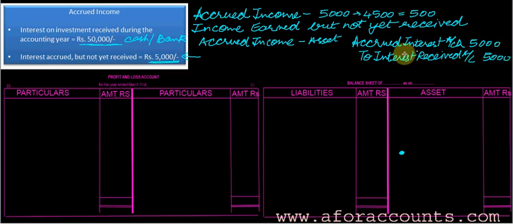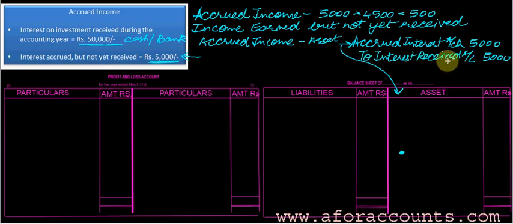Now why have I debited accrued interest? As I know that accrued interest or accrued income is my asset, and assets always have a debit balance. So accrued interest needs to be debited.